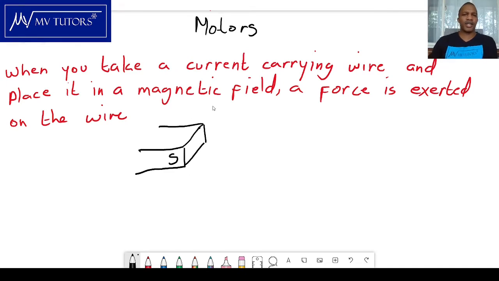To create the magnetic field, we need another magnet. I'll draw it on the left, but right in the middle, because remember there's a wire involved. So right in the middle here, I will draw the wire, just like that.